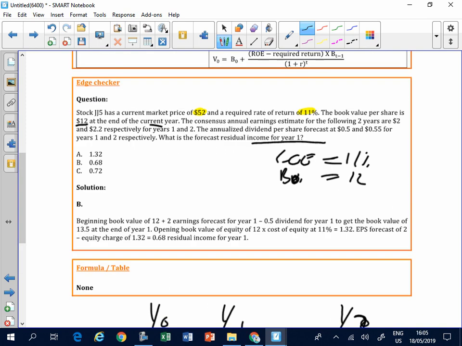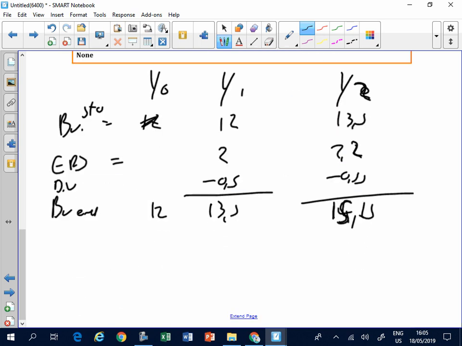Now the important thing here is that we know that the cost of equity is 11%. Is everybody still with me? My charge is always on the beginning book value.